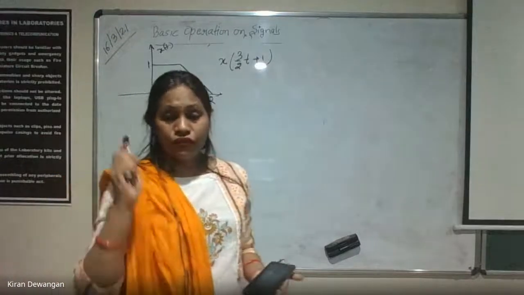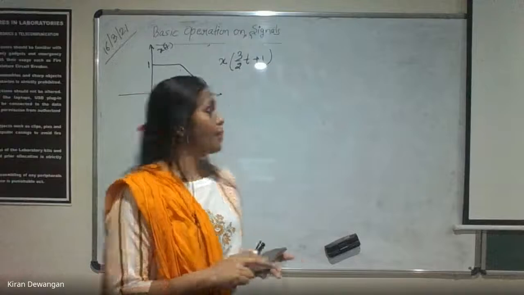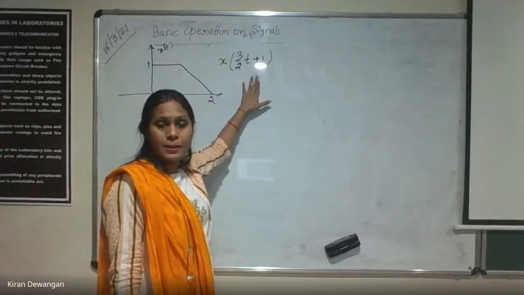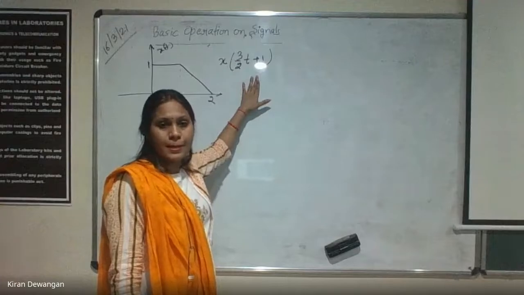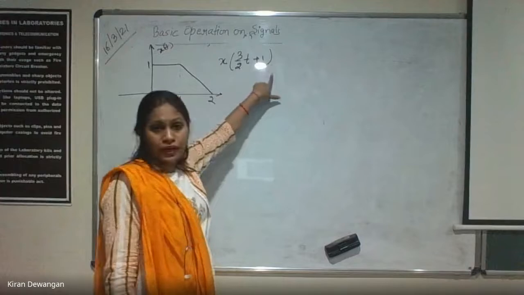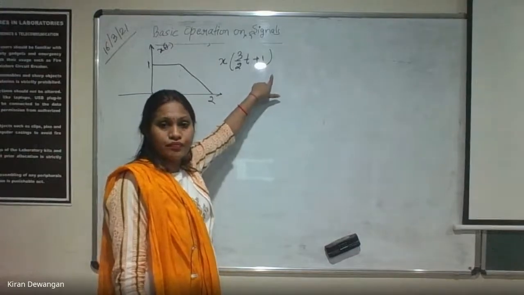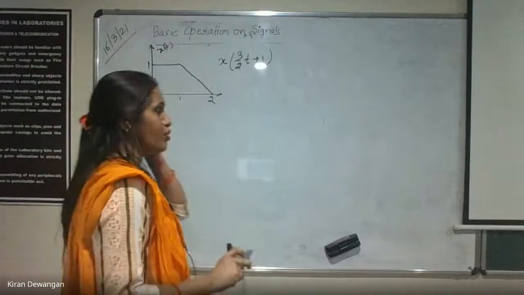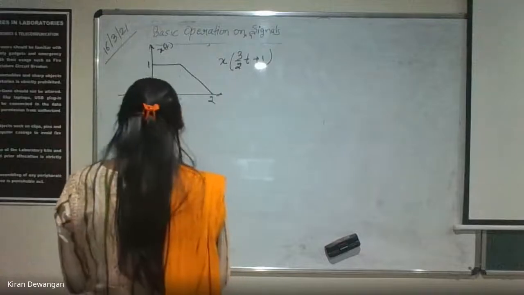If we go according to our procedure, what will we do first? Yes, for 3/2 t plus 1, reply fast, students. Ma'am, time shifting. We will first perform time shifting. Correct?